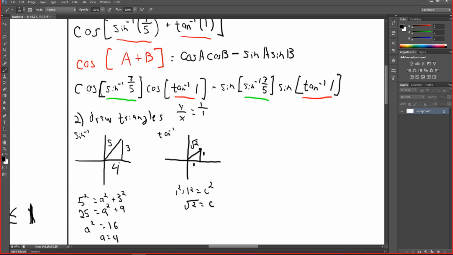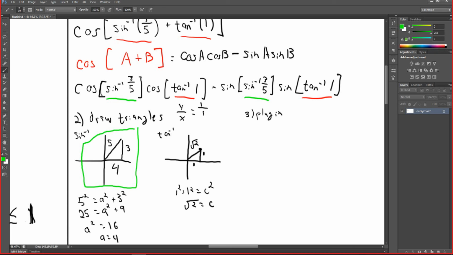So the first I'm looking at is cosine of sine inverse. What would cosine be in this first triangle? I'm going to label this in green. Here's my green triangle.